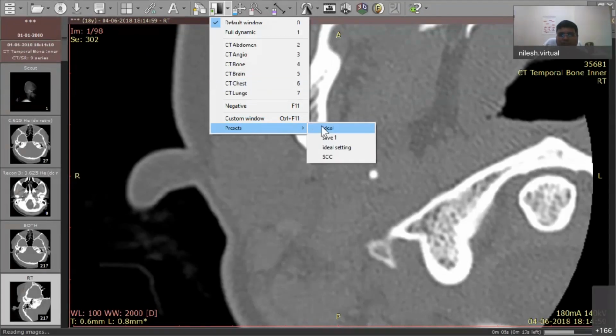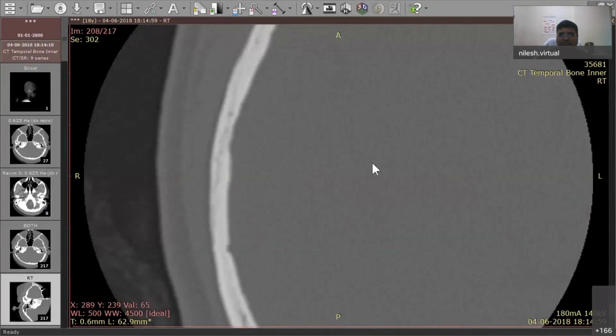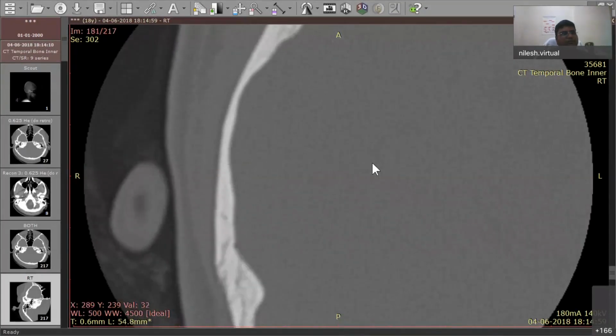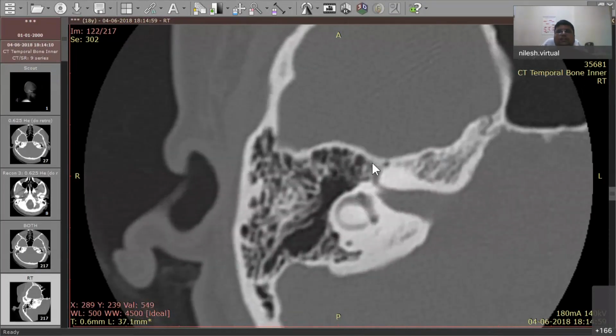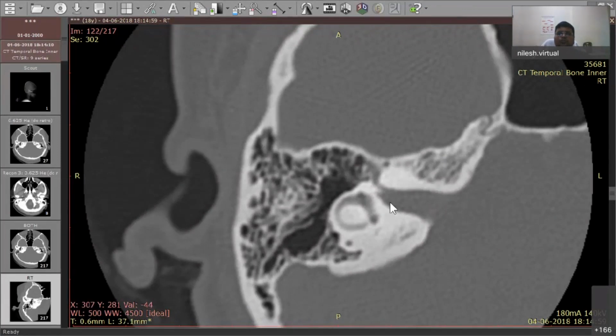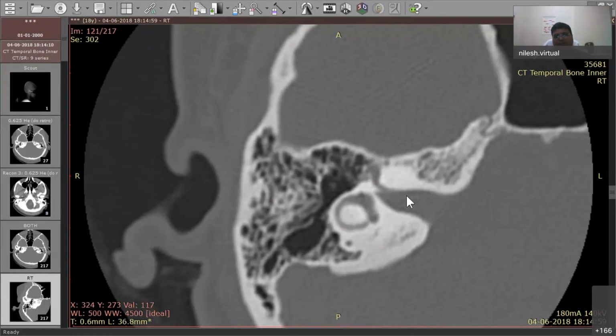We'll go to the topmost cut. This is the internal auditory meatus. We know this is the superior part of the internal auditory meatus. So we have to look around the anterior wall of the internal auditory meatus when we go to the inferior cut. So I am going inferiorly.